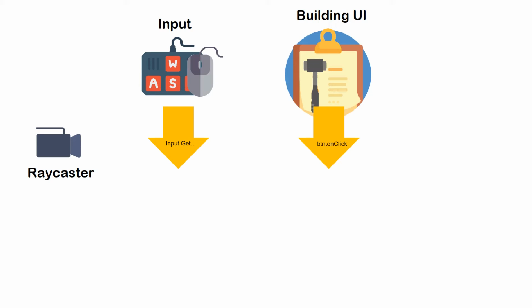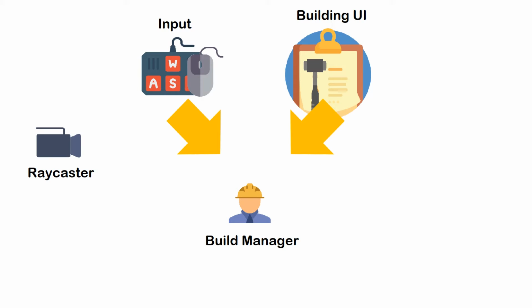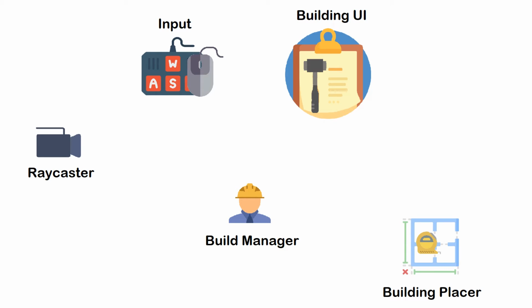What we're going to pass that input to is actually the next thing that we're going to build in this series, the build manager. The build manager is going to handle the logic of, am I in a proper building position? Is my object going to collide with other objects? Things like that. That's what the build manager is going to take care of. In addition to the build manager, we're going to have to create what I call a build placer.